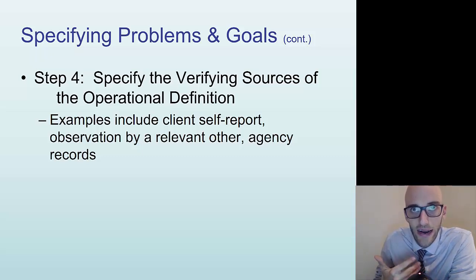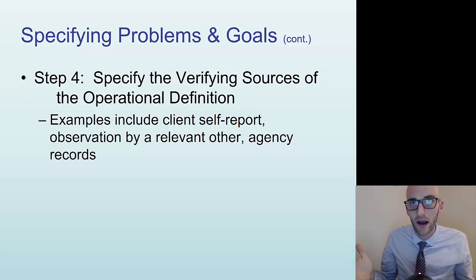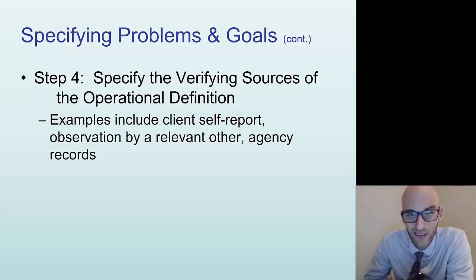It's basically a triangulation. So instead of just taking the client's word for it, you'd be looking for other sources of data that would either give you convergent validity to say that these observations are in fact true, or if they diverge in some way, you can follow up with the client to say, hey, the data that I have from your friend or coworker or roommate is really not jiving with what you're telling me, and I'm wondering if you can help me understand that.